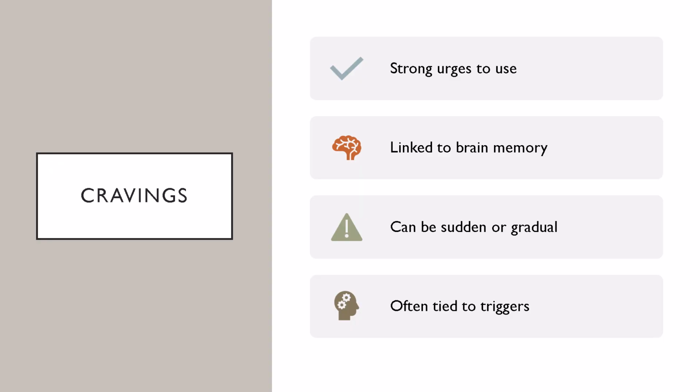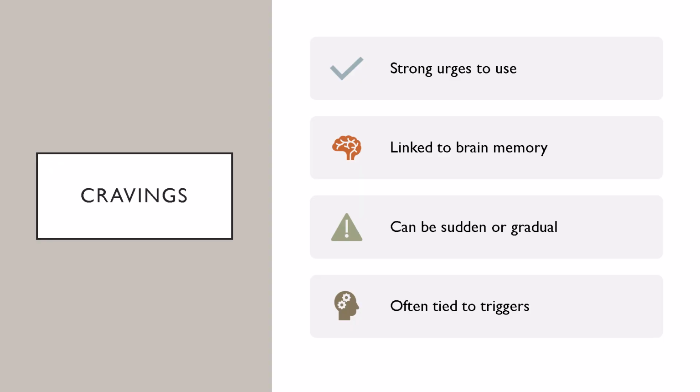I kind of explain this like, if you've been outside on a really hot day and you've been out there for a while, that strong, overwhelming urge to drink a cold glass of water, that's what the craving feels like. These urges are linked to the brain's memory of past use and the reinforcement that came with it. So the cravings can be triggered by external cues, or the internal emotions, or maybe even seemingly random thoughts. And they can come on suddenly, or maybe they're building gradually over time.